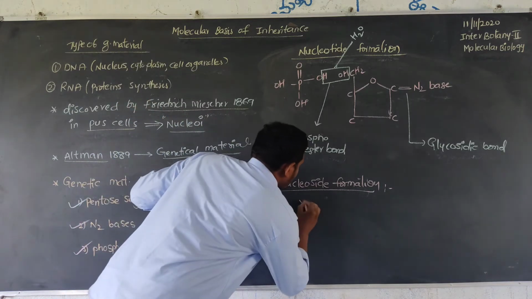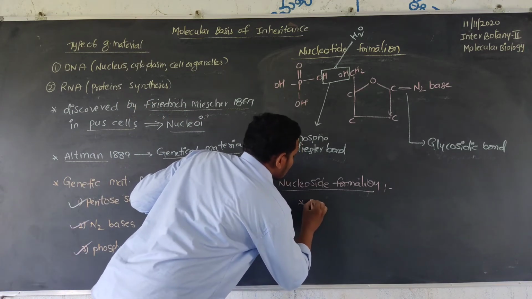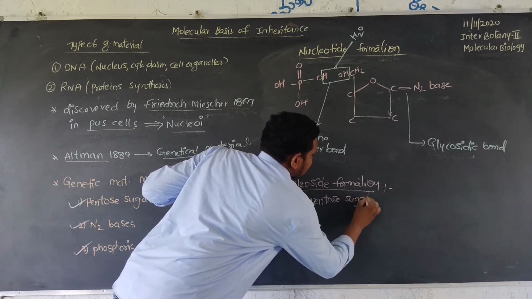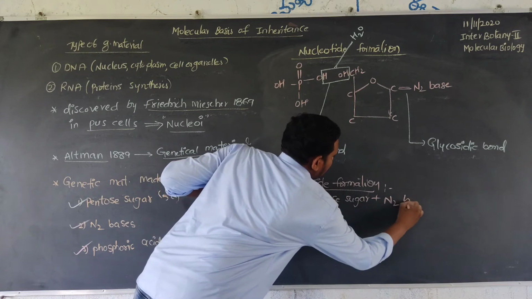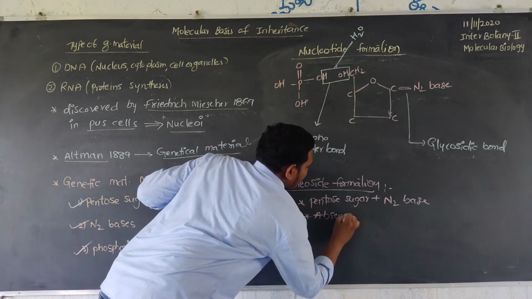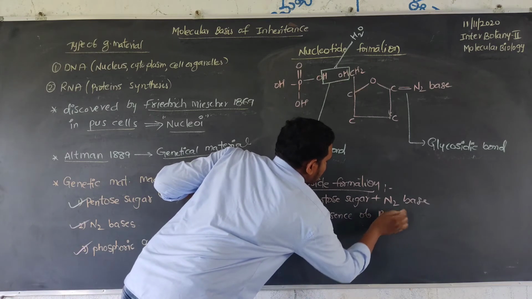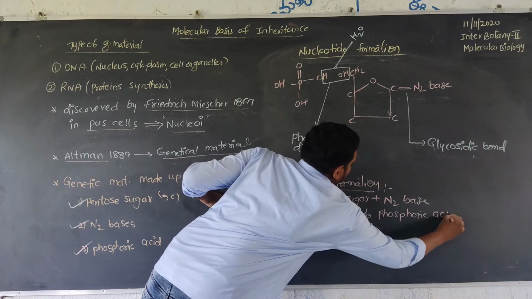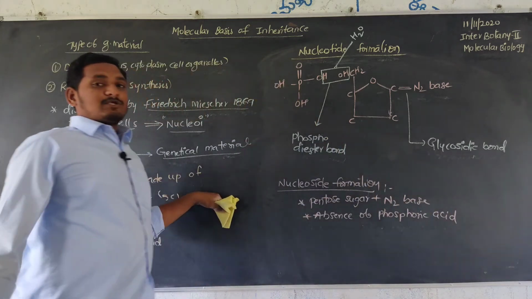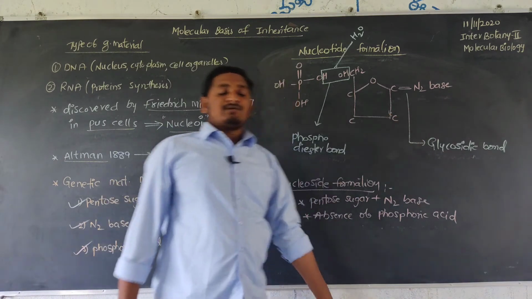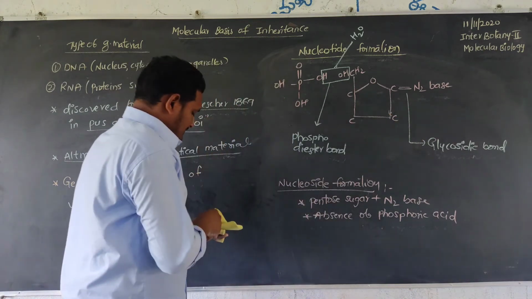So here is the bond between pentose sugar plus nitrogen base, and the absence of phosphoric acid. This phosphoric acid is absolutely absent. Only pentose sugar and nitrogen base are present.